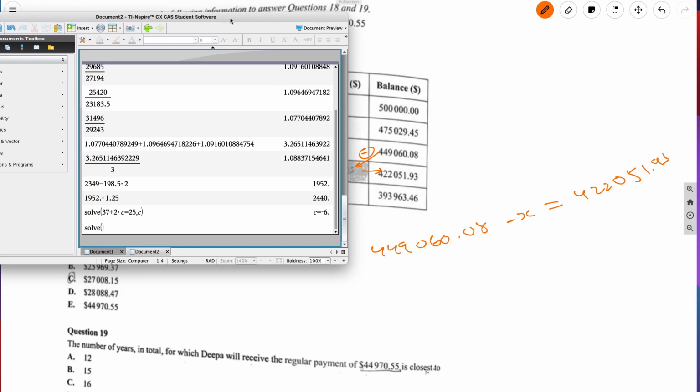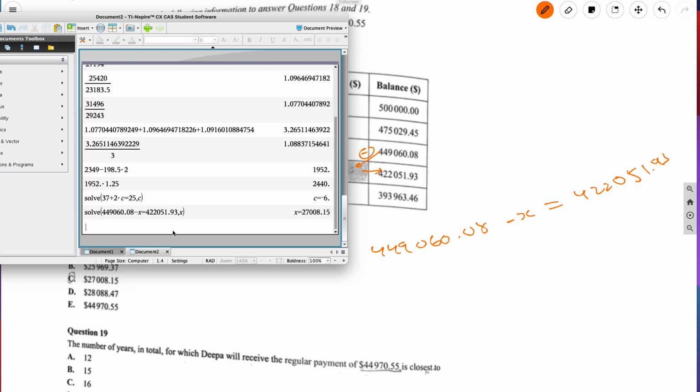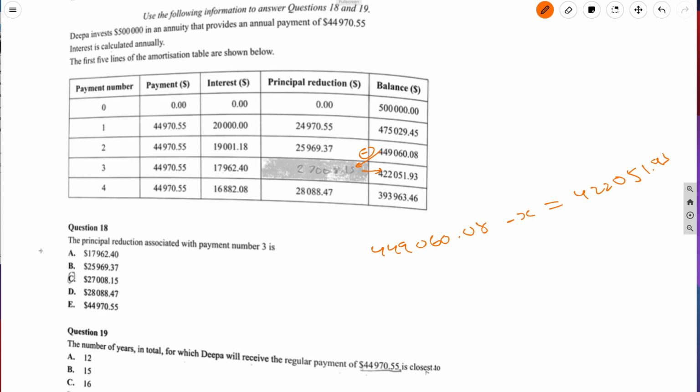So we can go solve 449,060.08, take away X is equal to 422,051.93. Oh, forgot my solve. X, there we go, $27,008.15.